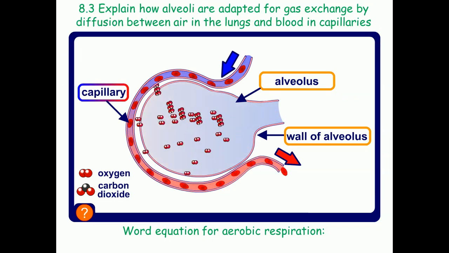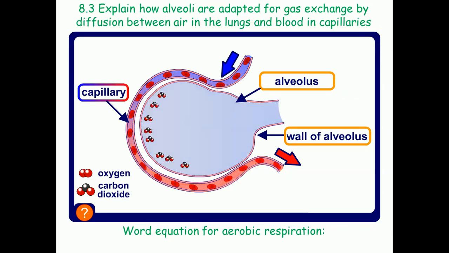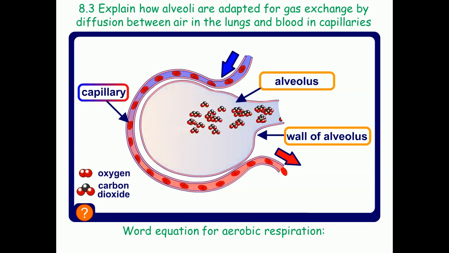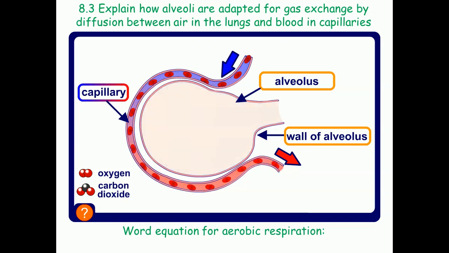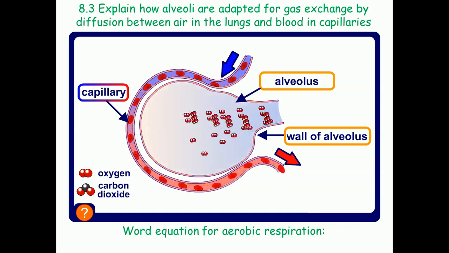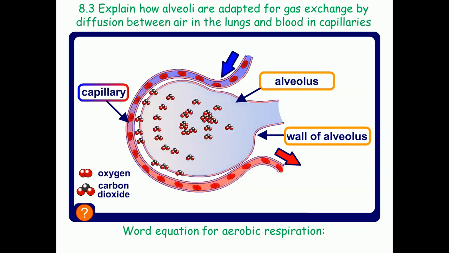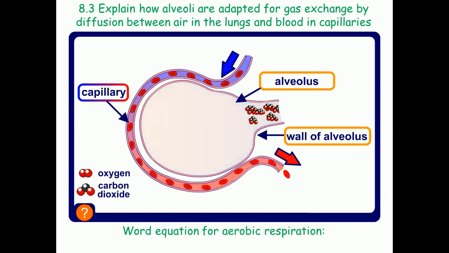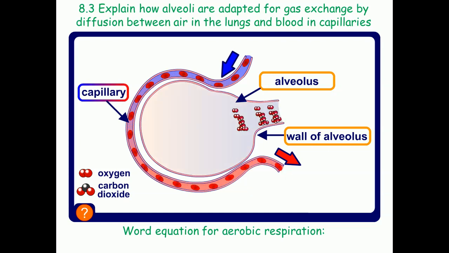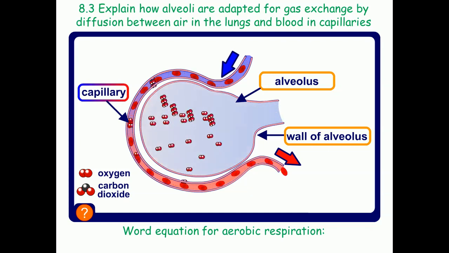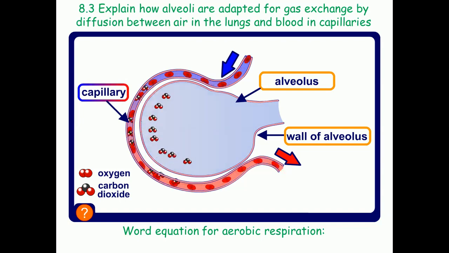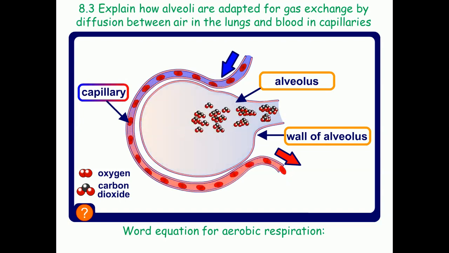So explain how the alveoli are adapted for gas exchange by diffusion between air in the lungs and blood in the capillaries. So here you can see that there's oxygen diffusing from the alveoli into the blood capillary from a higher concentration to a lower concentration, down a concentration gradient, and then it's the reverse because there's a higher concentration of carbon dioxide in the blood returning to the lungs or the alveoli.